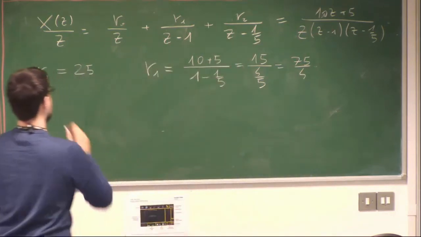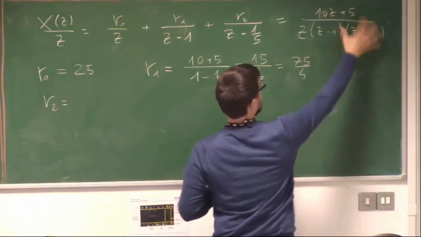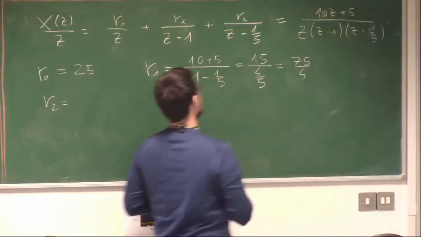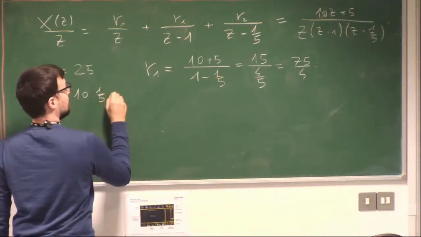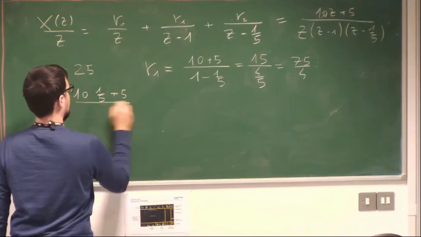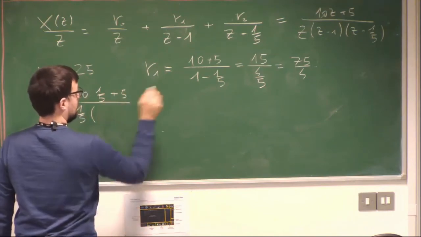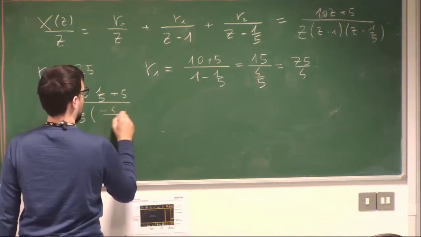Then the last residual, r2, is again computed by multiplying by this pole term, so this disappears, and then you replace 1/5. So it's 10 times 1/5 plus 5, divided by 1/5 times (1/5 minus 1), that is minus 4/5.